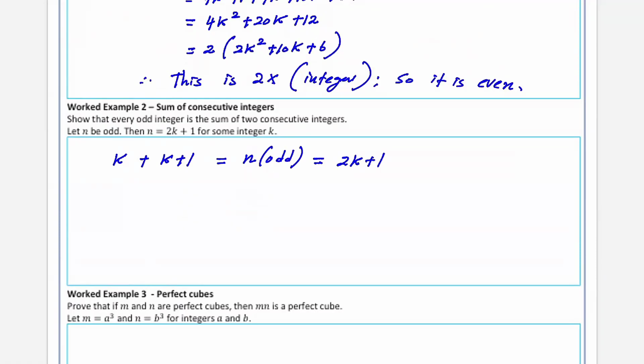So n is equal to the sum of consecutive integers k and k plus 1.